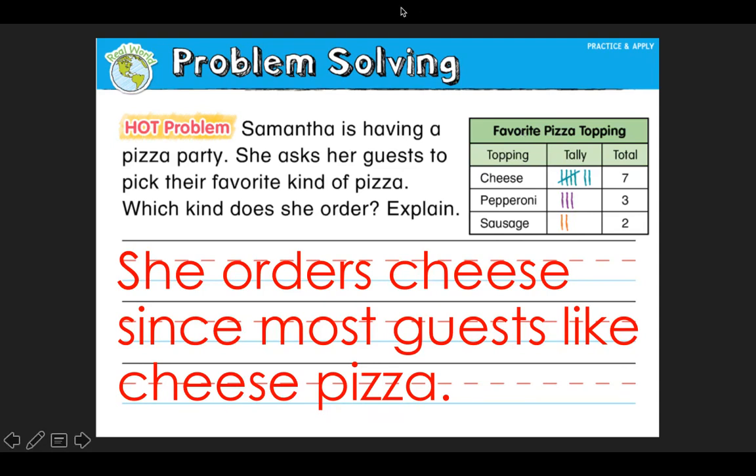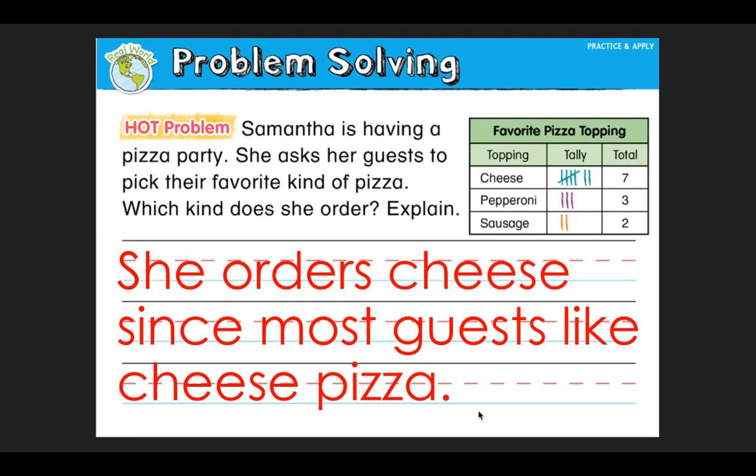If I take a look at the number of tallies under cheese, I have 7 tallies. That's way more than the 3 tallies for pepperoni, and that's way more than the 2 tallies for sausage. So I came to the conclusion that she would order cheese pizza because most of her guests like cheese pizza.